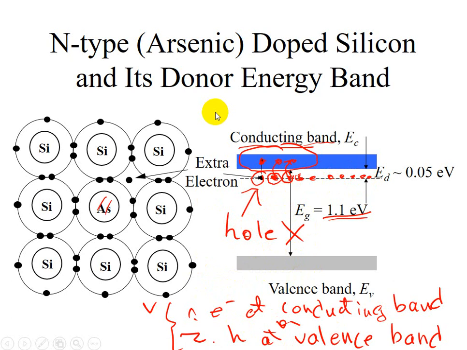So if you introduce 10 arsenic atoms to the silicon crystal, you can have 10 electrons jumping to the conducting band. If you introduce 10,000 atoms, you will have 10,000 electrons contributing to the conductivity. That means for this type of material, the conductivity can be controlled by the concentration of the donor material, which is arsenic.